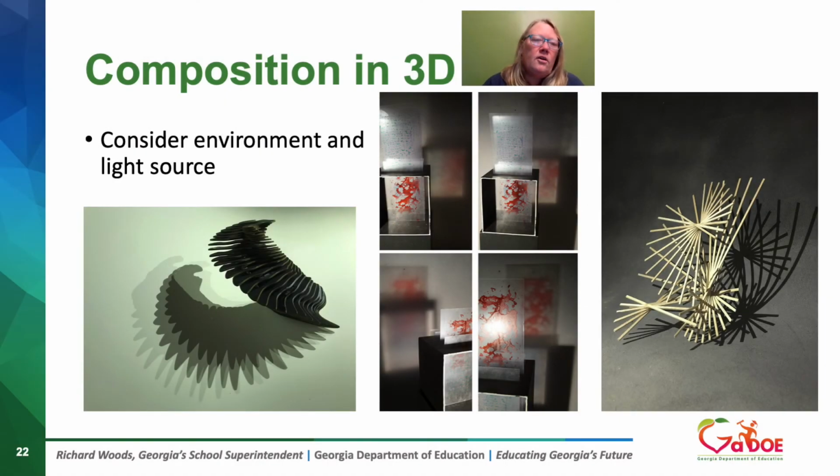Lighting is another factor that students start to take into consideration, I think, when they get a little farther along. So in addition to the environment, start thinking about how the light source and shadow affect the viewer experience. So the images on the left and the right, which are sort of these serial plane sculptures, really rely a lot on the shadow to be more visually interesting and effective.